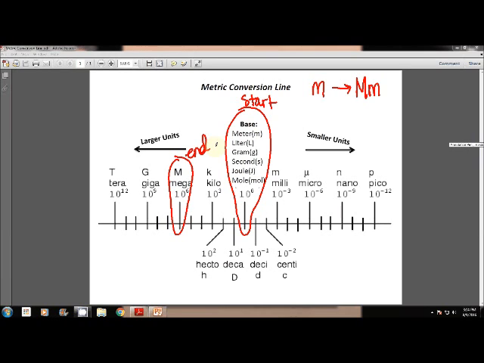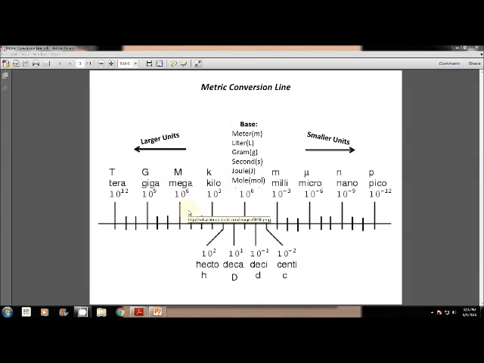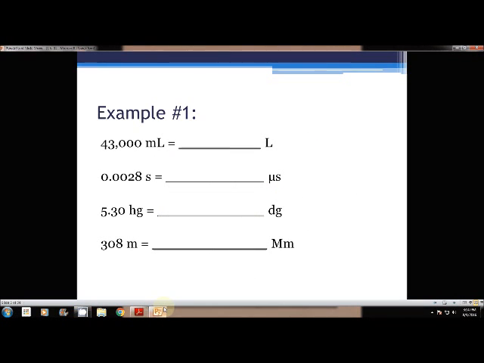How many times do we move? 1, 2, 3, 4, 5, 6 times. So that's 6 to the left. All right. Okay. There's no decimal point, so I'm implying that it's at the end on the right side of the number. 1, 2, 3, 4, 5, 6.